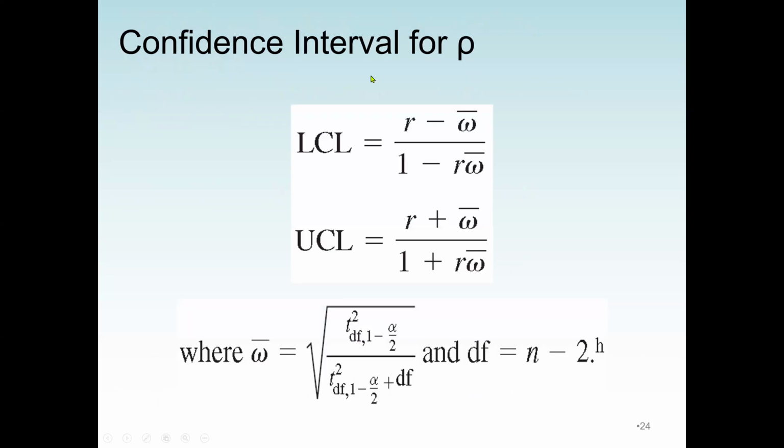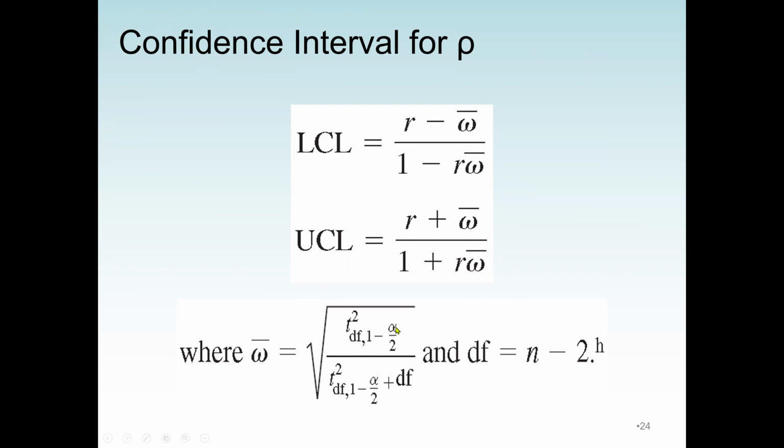Next we also talk about the confidence interval. In the correlation coefficient also we can talk about confidence. When we are doing hypothesis tests or inferential statistics, we may have some plus or minus values, some interval. LCL stands for the lower confidence level, and UCL the upper confidence level, and these are the formulas we use. Then the W with the bar, the formula will be the square root of, again using the t, t squared with degrees of freedom and 1 minus alpha over 2.